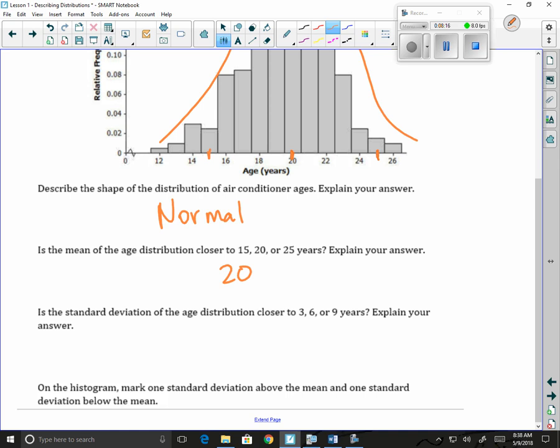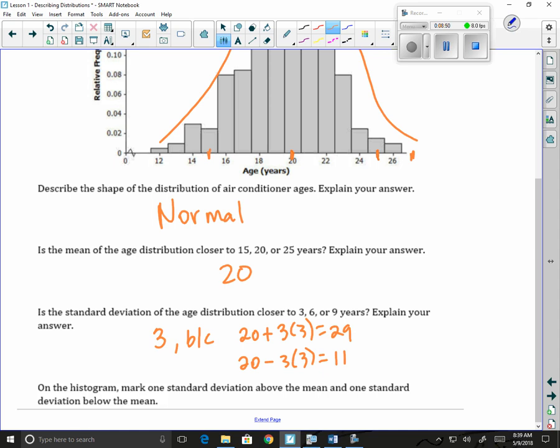If I was to take 20 and subtract 3, I'm at 17, 14, and then 11. That represents the top and bottom of my curve. So 3 is going to be my standard deviation. 20 plus 3 times 3 is 29, which looks like it's about the top, and 20 minus 3 times 3 is going to be about the bottom.